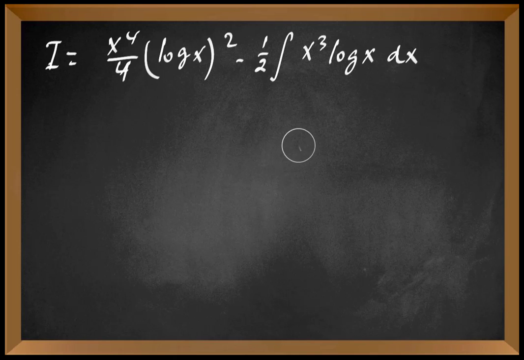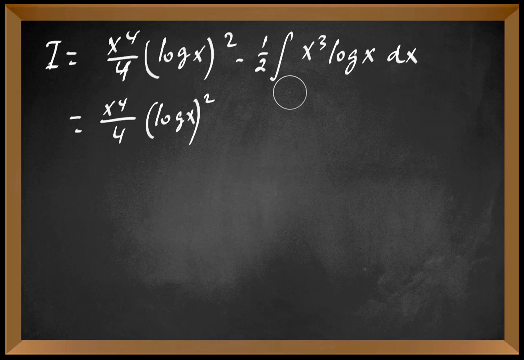So this is what we had, right? So we came to know that it is x to the power 4 over 4 times the quantity log of x squared, now minus 1/2 of all this second part.